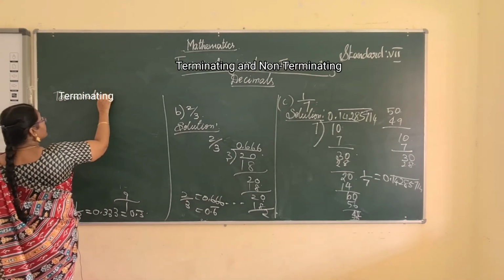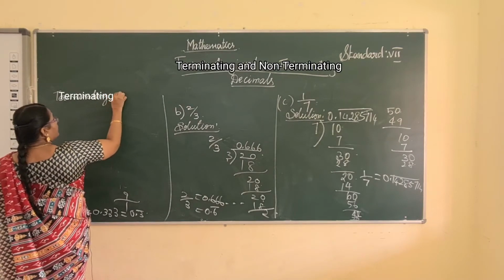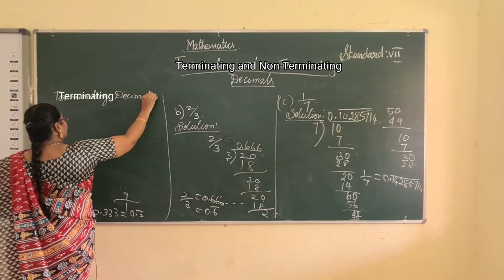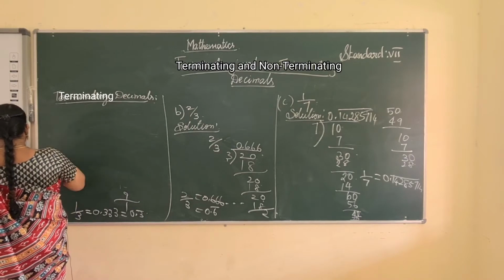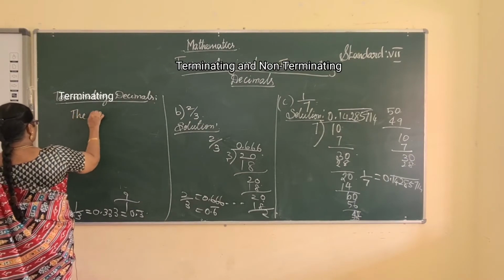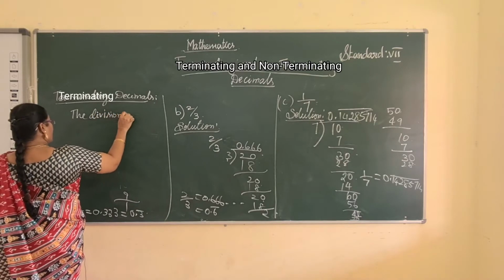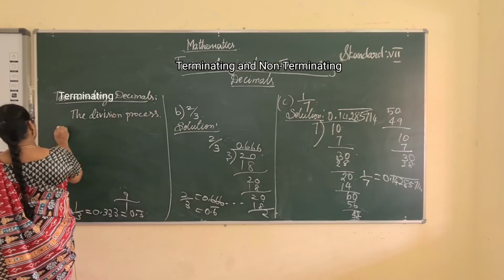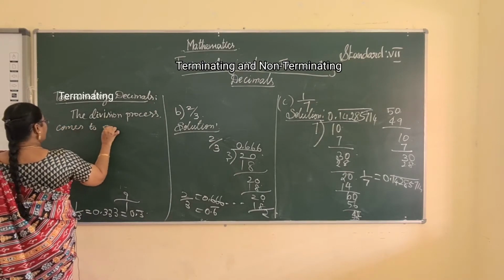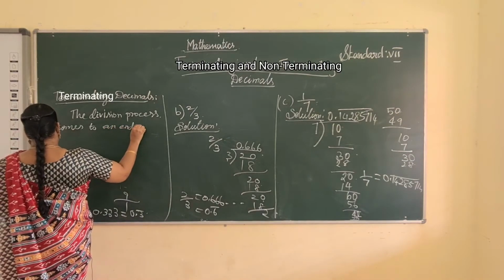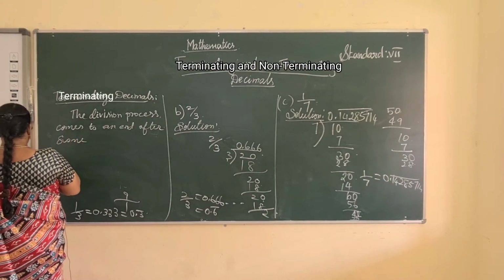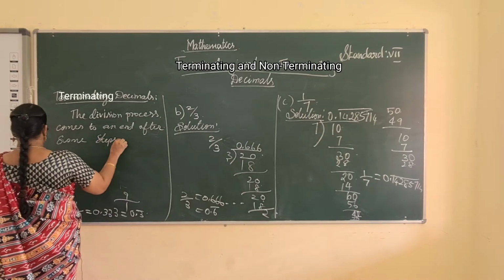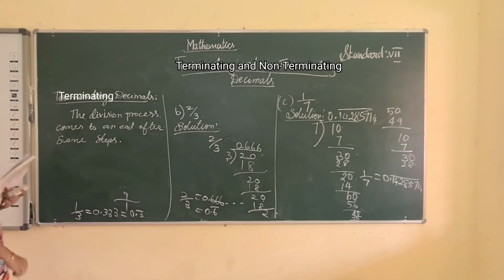Terminating decimals means the division process comes to an end after some steps.